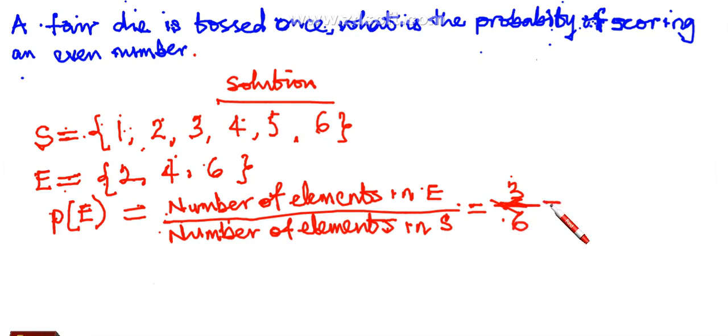So from this, I'm going to get 1 on 2. So the chance is half. So when a die is tossed once, the probability of scoring an even number is 1 over 2.